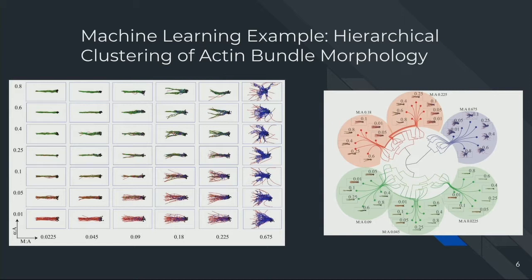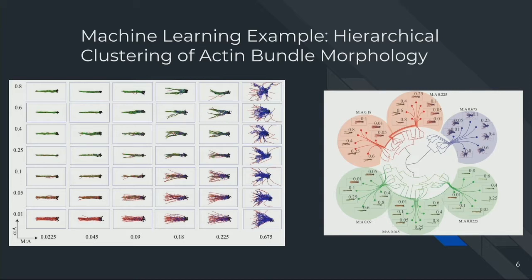A natural question would be, what's the most natural set of categories to describe this wide variability of shapes? So he used a machine learning algorithm called hierarchical agglomerative clustering, which basically creates successive partitions of your data, where each partition is trying to maximize the intergroup similarity and the intergroup dissimilarity.